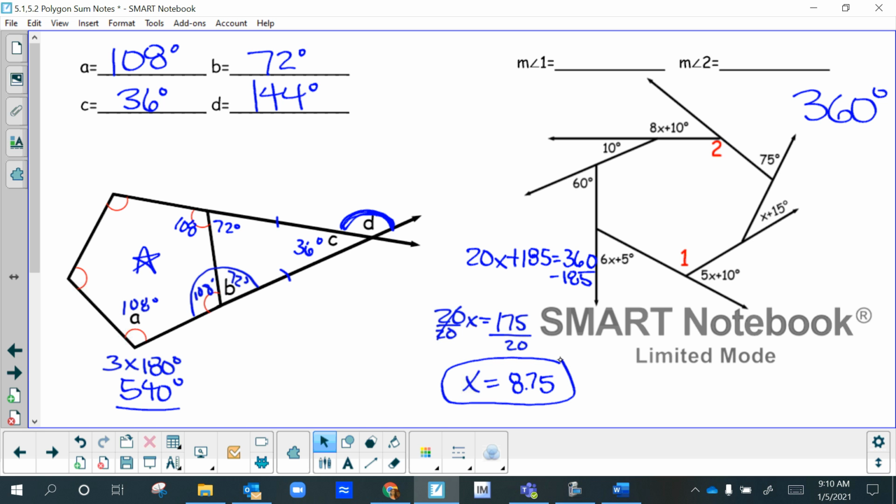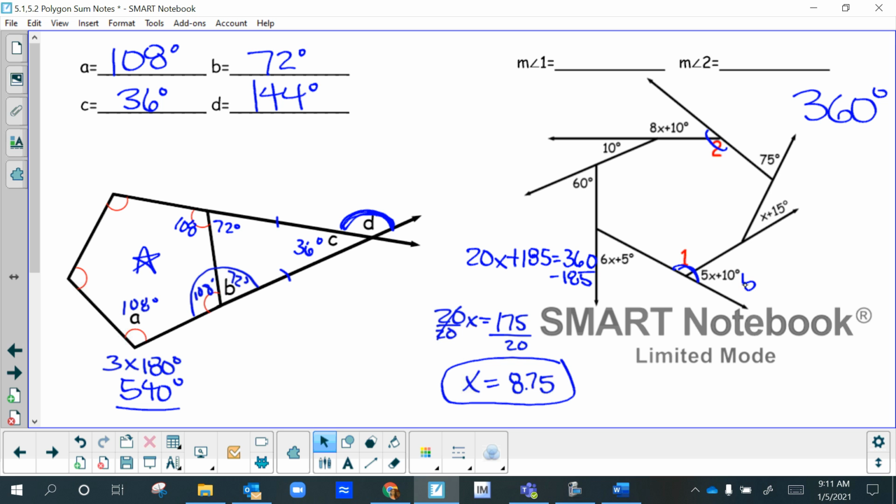Okay, so we need to use that to solve for angle 1. Notice, again, we have a linear pair here and a linear pair here. That's how you want to solve for angle 1 and angle 2. So I'm going to plug in 8.75 for x. So this one, I'm going to do down angle 1 first. So I'm going to times 8.75 by 5. I get 43.75, and I'm going to add 10.